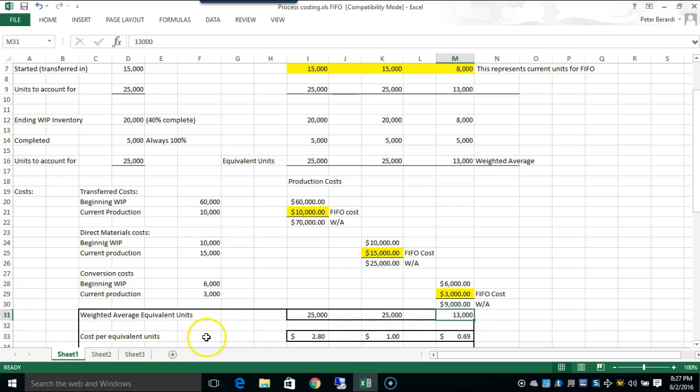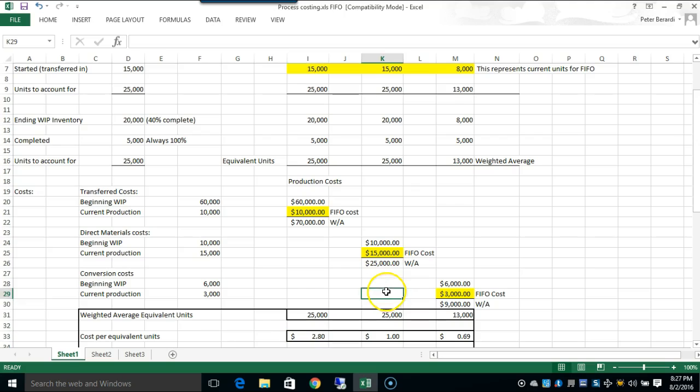My cost per equivalent unit for weighted average is, you can see my formula, I-22, which is the total 70,000, divided by I-31, which is my equivalent units here, which originated right here. So 70,000 divided by 20,000 gives me a cost per equivalent unit of $2.80.